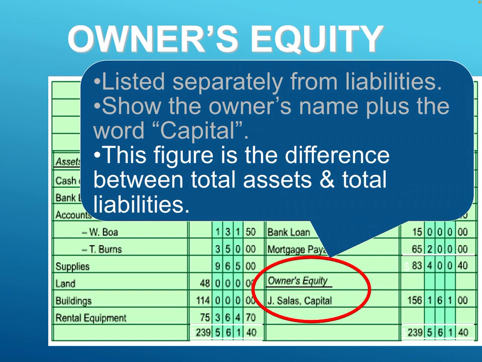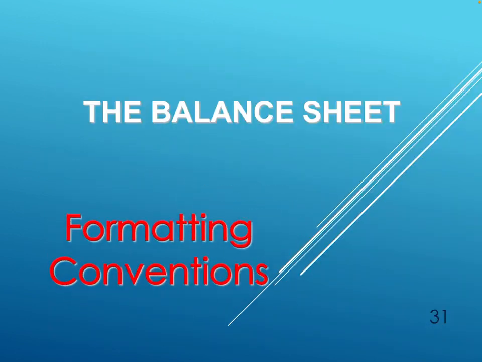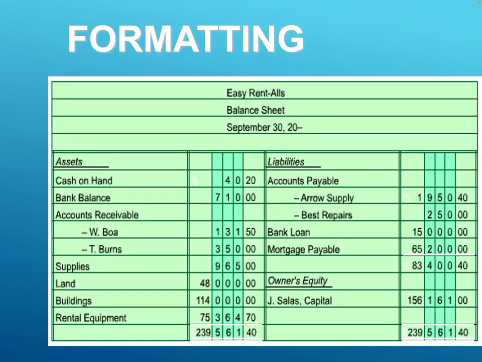You should know how to organize and structure this and how to put things in order. And notice as well on the bottom that the two amounts are equal. The bottom amounts should always equal. In this case, it's $239,561.40.